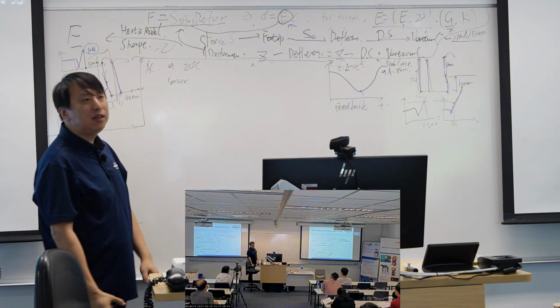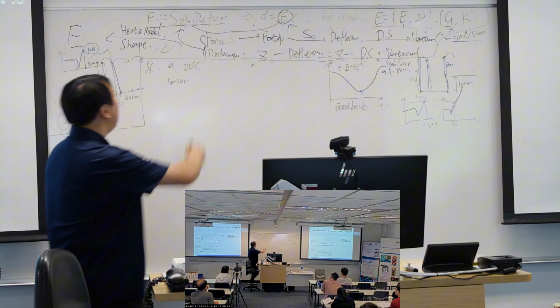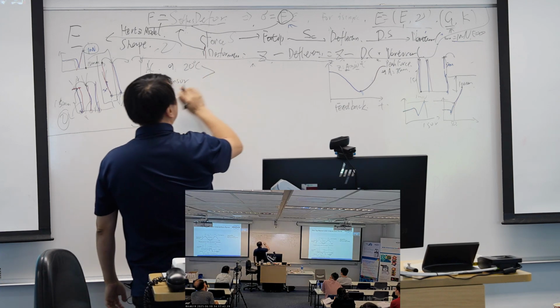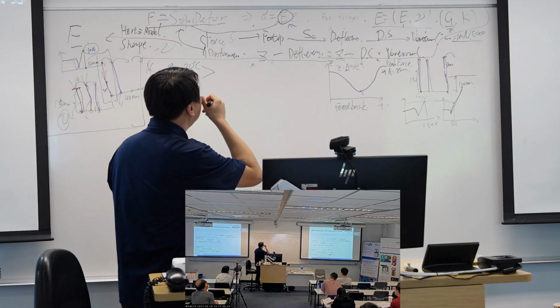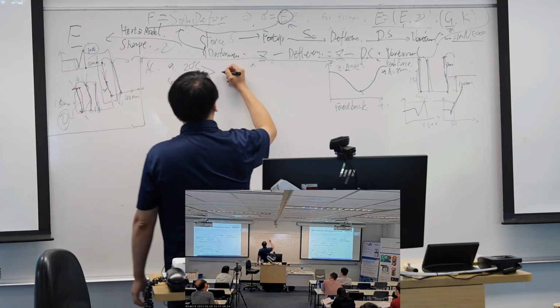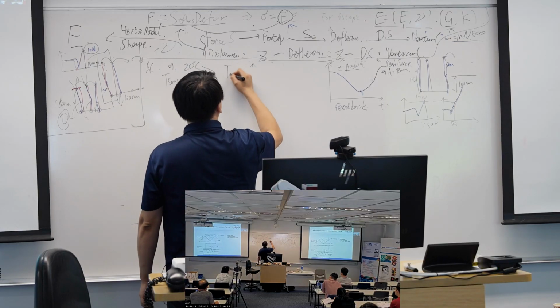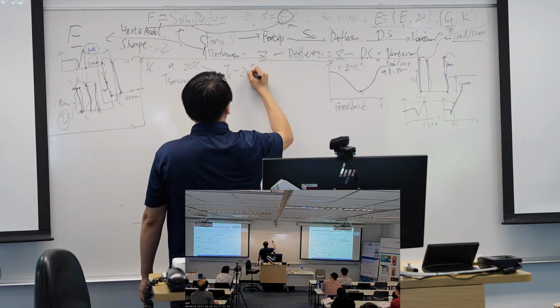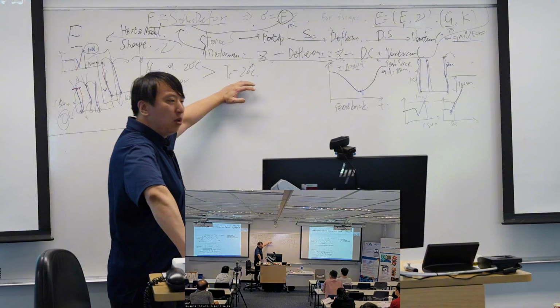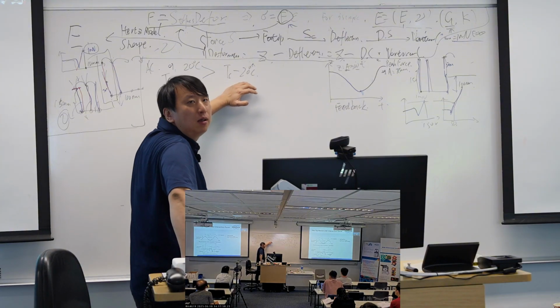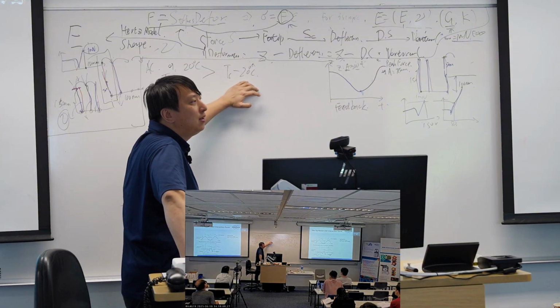This sensor can read the temperature of the room, and then we get a difference between the sensor output and the 20 degrees C. So it gives TS minus 20 degrees C. Then we use this difference to control the power of the air conditioner.